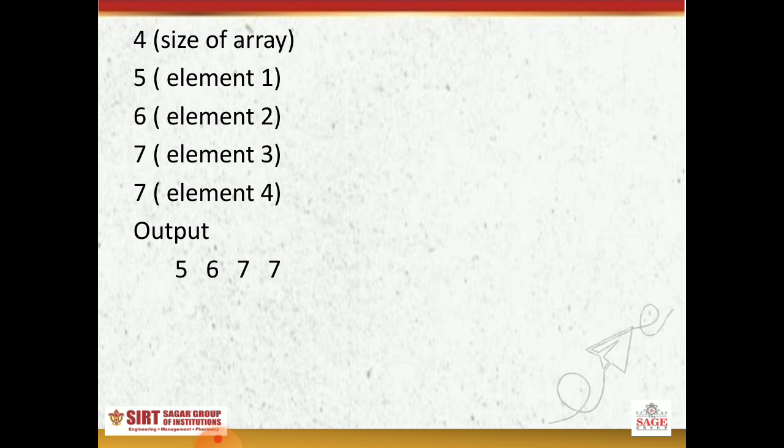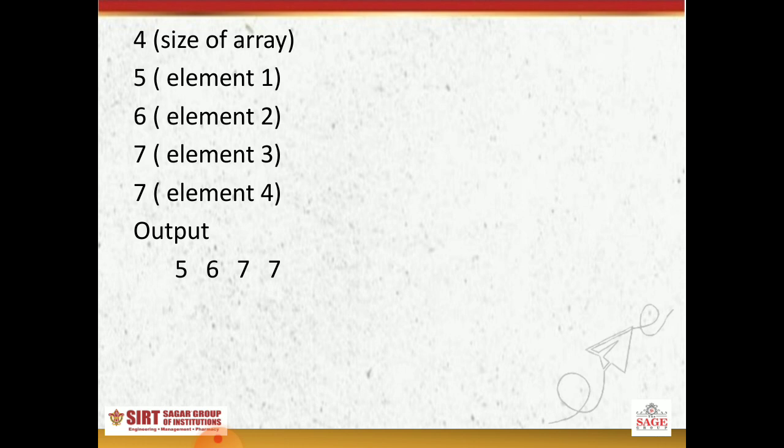Then output is 5, 6, 7, 7. In the program we declare n as the size. So n number of size means there is no fixed size. If we want to take 10 size or 20 size or 30, 40, 100 to 1000 or 2000, anything else.